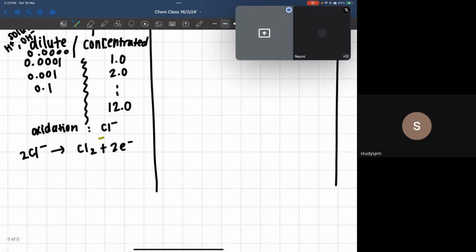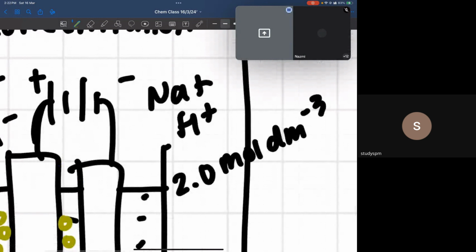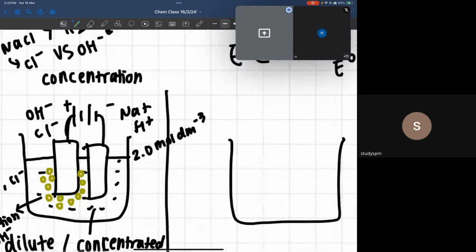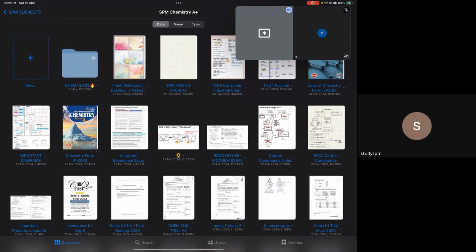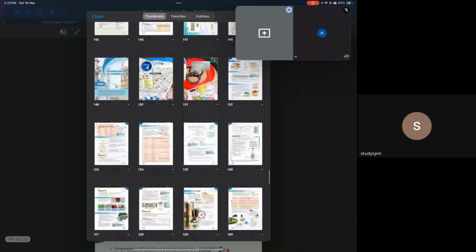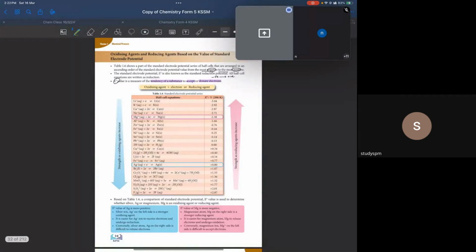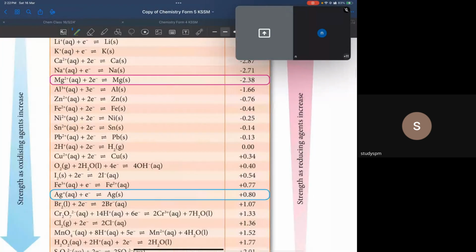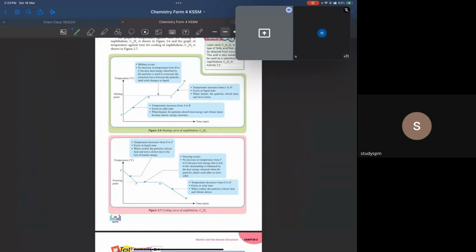This one is oxidation, okay, we found one already. Now the reduction. The reduction part is always cathode, right? Cathode is always about E value. E value is the one I tried to show you. Chemistry. Oh, not form 4, it's form 5. Okay, if you go here, this one is because of E value. If you see, hydrogen and, just now what?